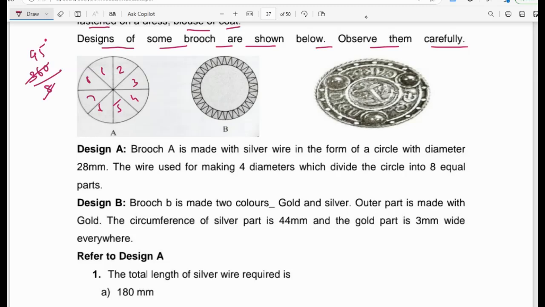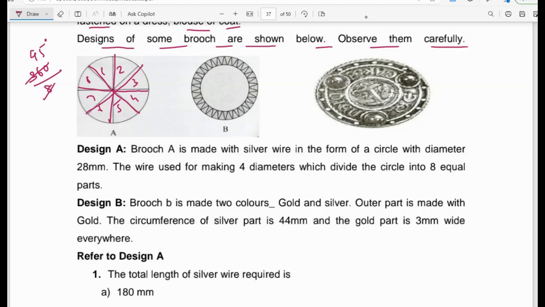Then what they are asking you to find: brooch A is made with a silver wire in the form of a circle with diameter 28 centimeters. Each one is made up of diameters, from this end to that end. There are how many diameters? 1, 2, 3 and 4. There are 4 diameters, which divide the circle into 8 equal parts.